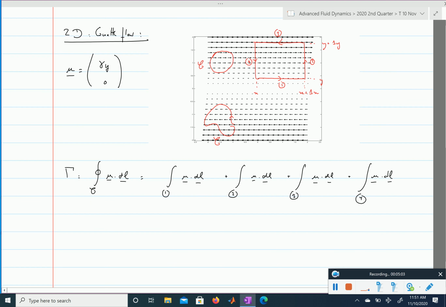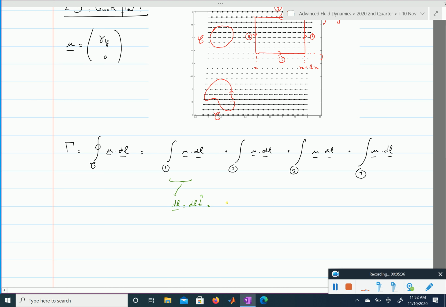We are integrating along this direction, so what is our tangent vector? dl is a differential element times the tangent vector. The tangent vector here is the unit vector in the x direction, and dl is just dx.